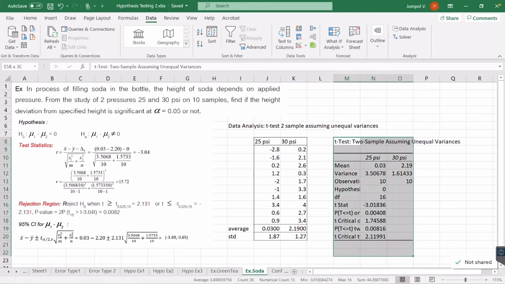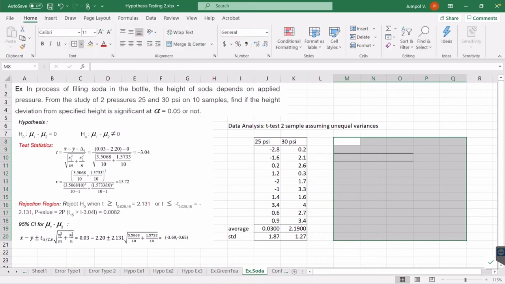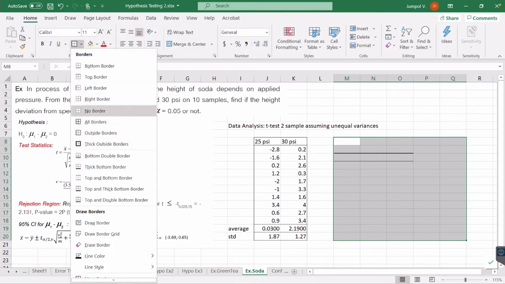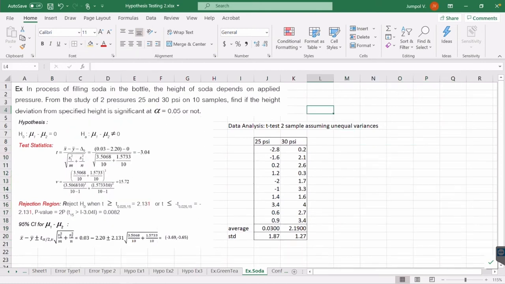Okay, I have to delete this first. So with Excel, we enter the sample values in the cells for 25 psi and 30 psi.